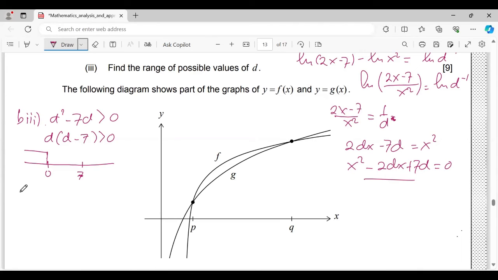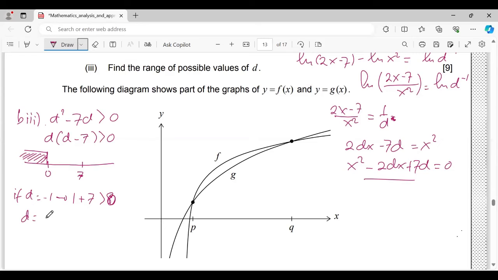Okay, I'm going to write it here. If d equals minus 1, it will be 1 plus 7 greater than 0, 8 greater than 0. Yeah, this is correct. So this is the solution area.